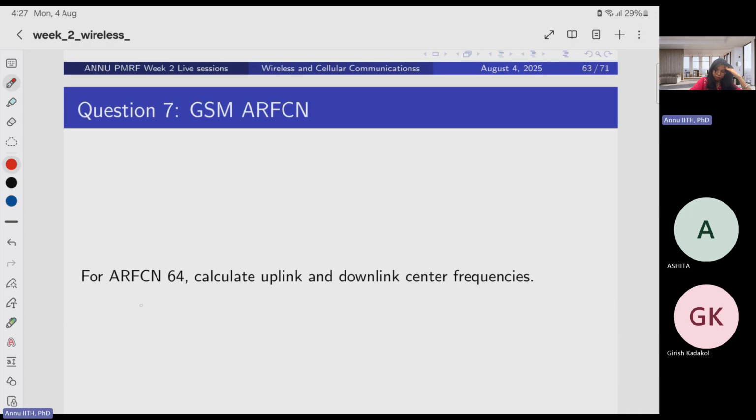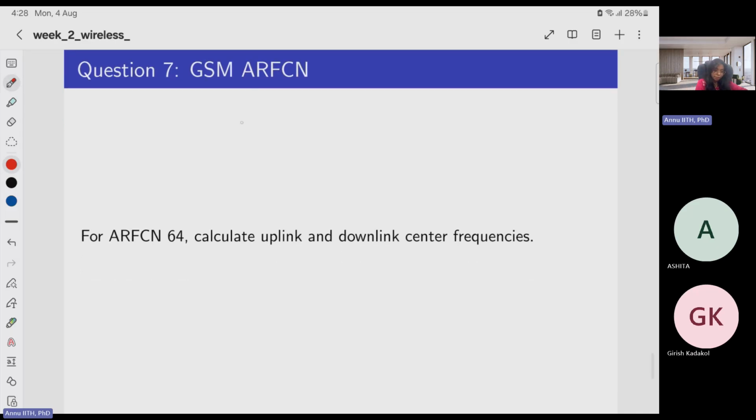For ARFCN 64, in the lecture it was mentioned, ARFCN. In telecommunication, the absolute radio frequency channel number is ARFCN. ARFCN is actually a code that uniquely identifies the pair of radio frequencies used in wireless communication, that is uplink and downlink.